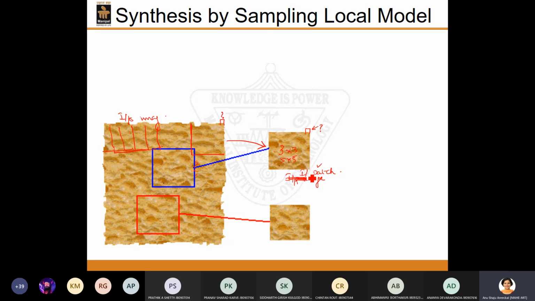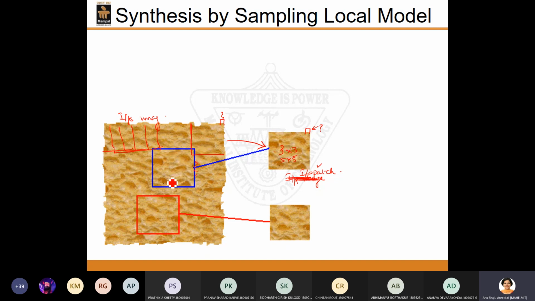Let me call this the input patch, and then I try to see how similar it is to the input patch. Okay, and like that I will compare all the patches which are present in the input image. Now, after comparing that, there will be a certain similarity measure which would be used to find out how close or similar it is with respect to the input patch.